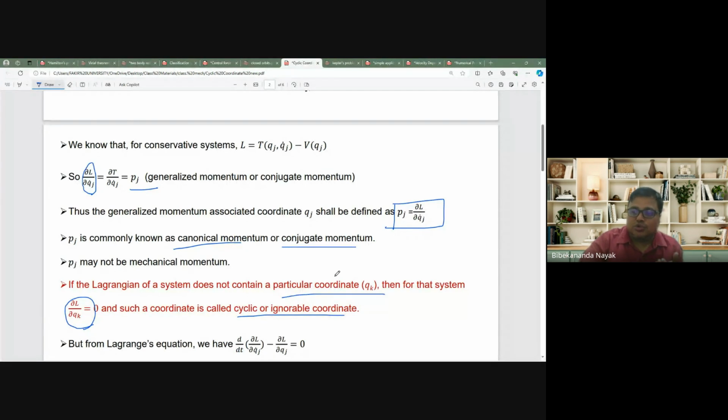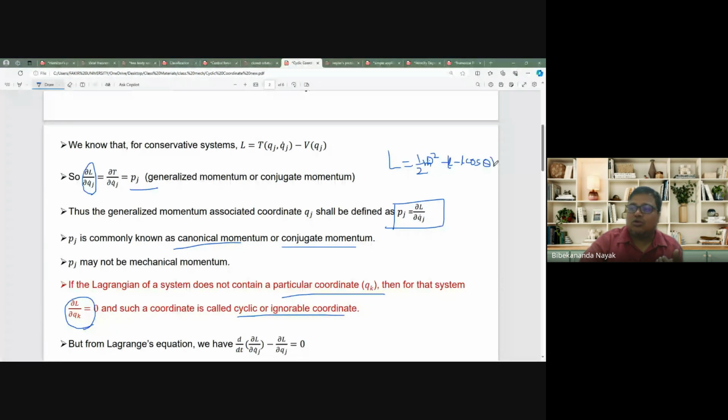Suppose in your simple pendulum case, the Lagrangian is equal to how much? T minus V. T will be half m L square theta dot square minus V, which is minus m g L cos theta, something like this. So here r is absent. Isn't it?